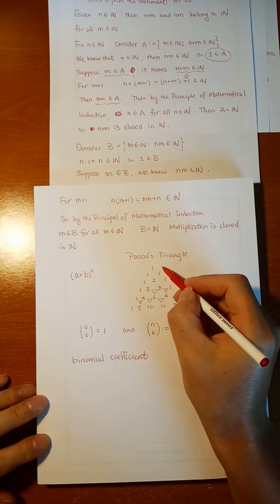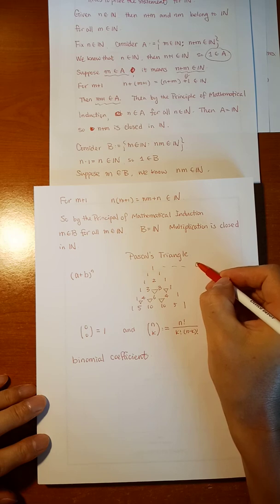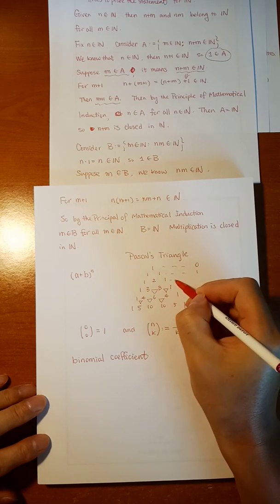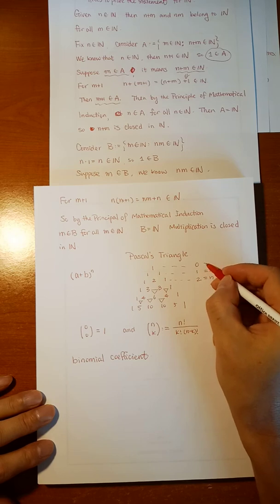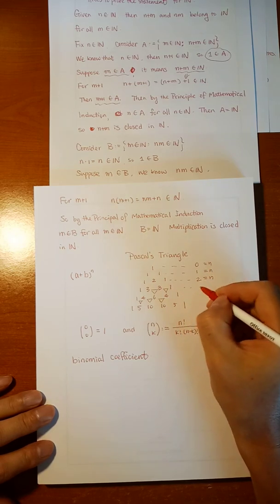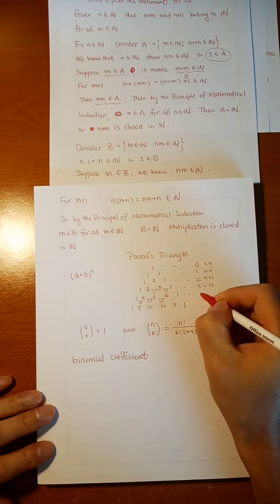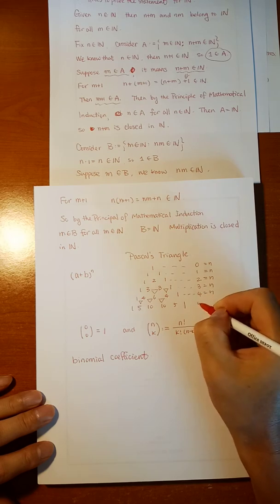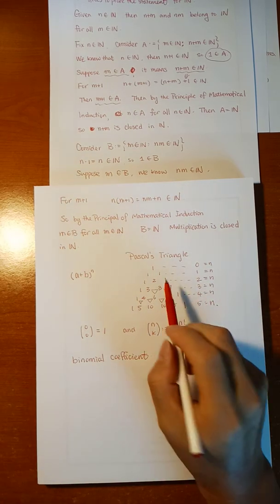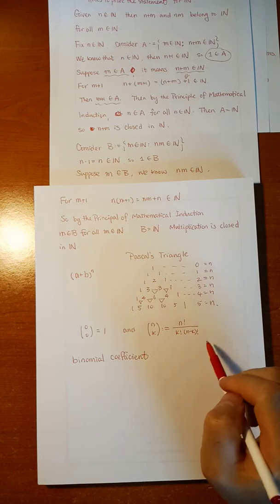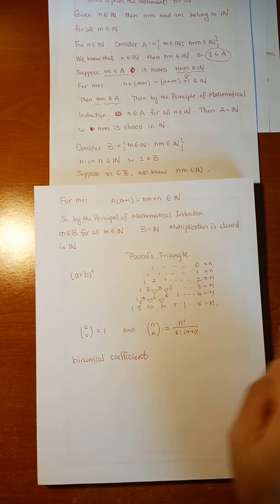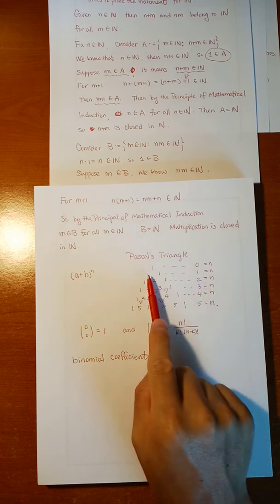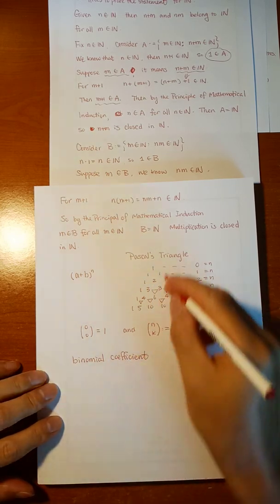Okay, so this is line 0, the zeroth line. This is the first line and the second. So this is the value of n: n is 0, n is 1, n is 2, n is 3, n is 4, n is 5. Every row you have 1, 2, 3, 4 entries, with positions 0, 1, 2, 3, 4. Let me rewrite it.